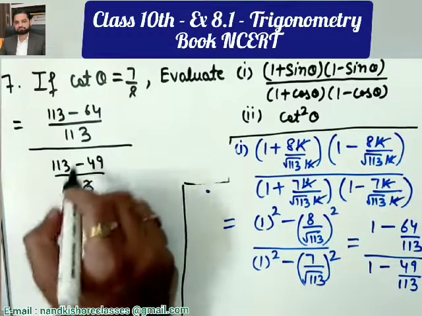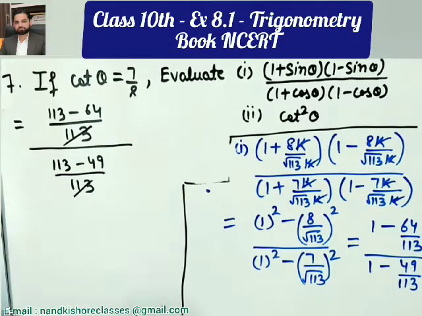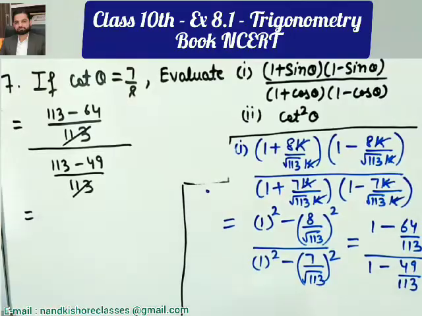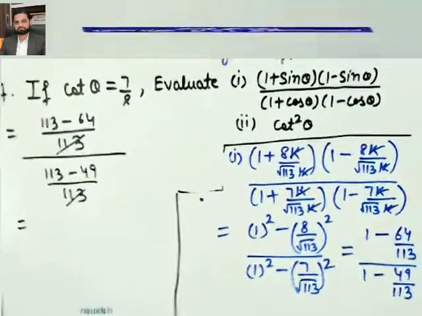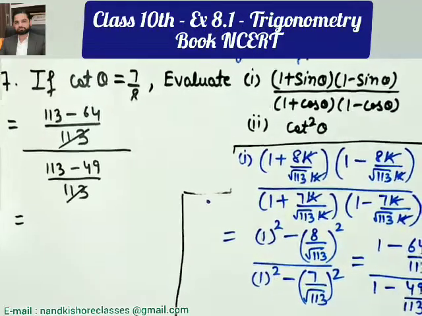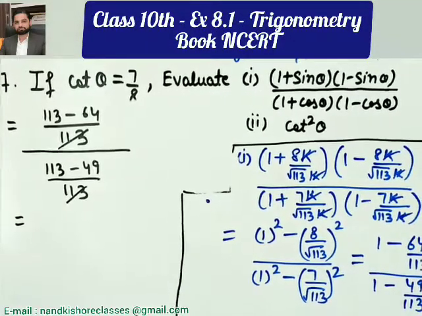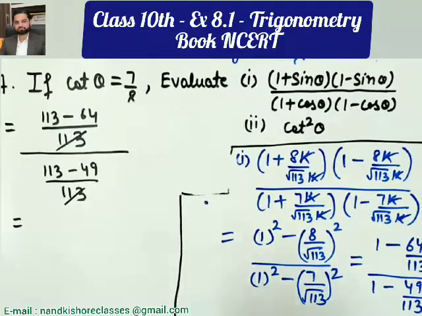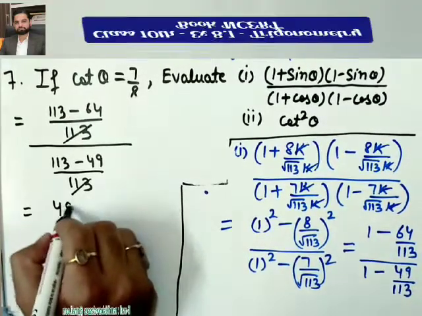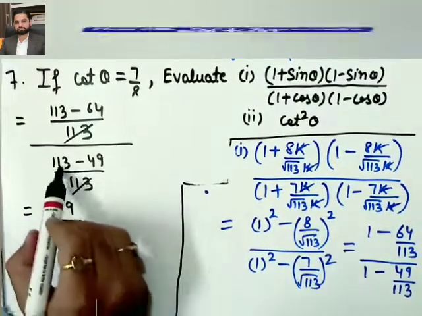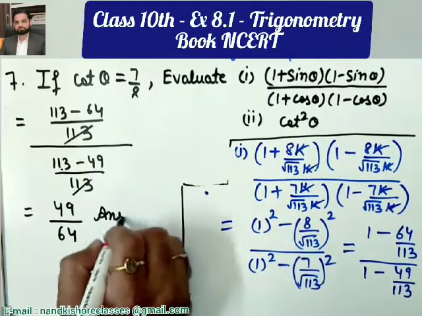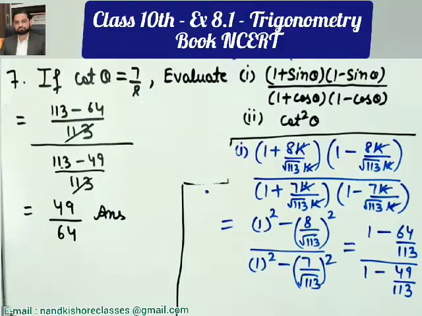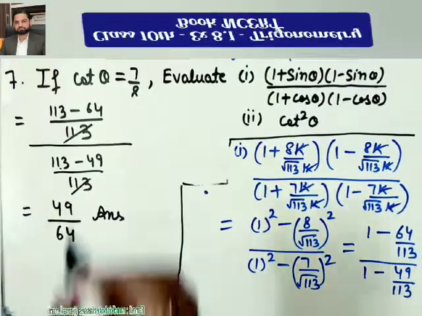See, this 113 and 113 are cancelled. We are left with 113 minus 64 and 113 minus 49. So here 113 minus 64 gives me 49 and 113 minus 49 gives me 64. So our answer of the first part is 49 upon 64, right?